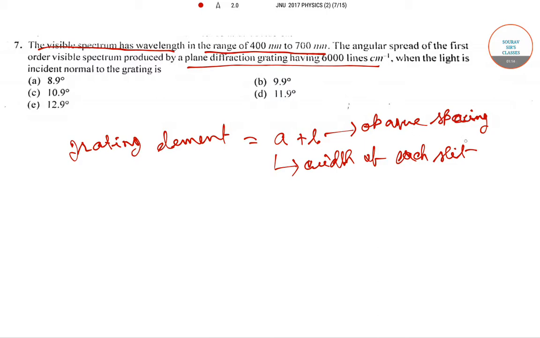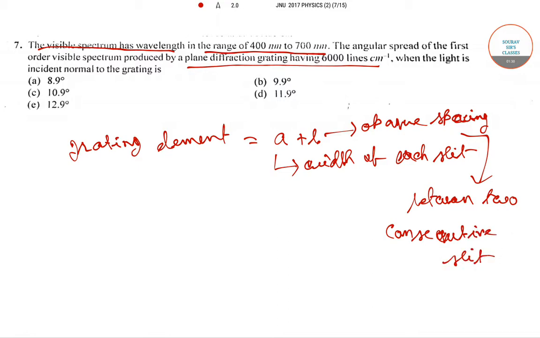So here A is the width of each slit and B is the opaque spacing between two consecutive slits.